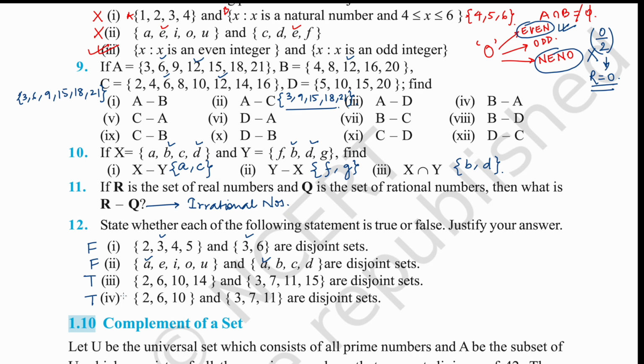At the same time, we will also use the concept of sets while defining relations, while defining functions. So this chapter is very important because it gives you a basic understanding of relations and functions, right? Because we define relations and functions in the form of sets. So I hope you are able to understand whatever we are going to learn here, and then we will be using this learning in the chapters to follow.